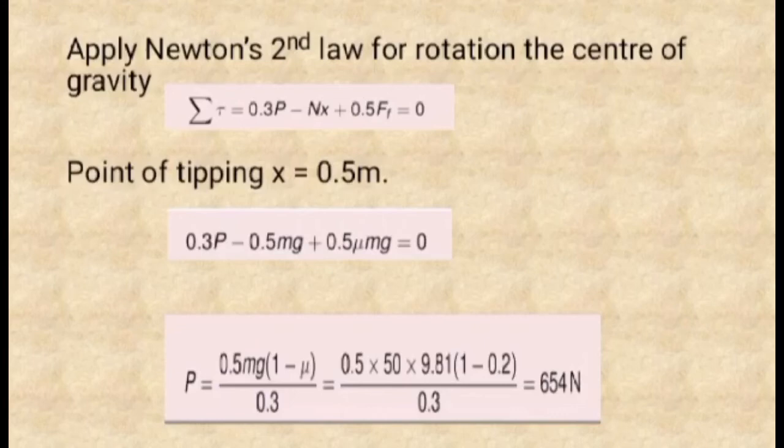The value of x needs to be at the edge of the crate and thus needs to have a value of 0.5 meters. So we can substitute the value of x of 0.5 meters and solve for the value of P, which in this case is 654 newtons, which is much greater than the applied force of 600 newtons, which means that the crate will slide and not tip over.